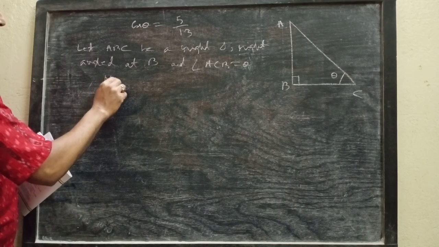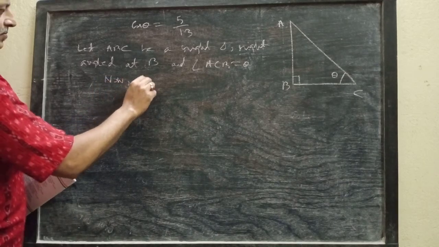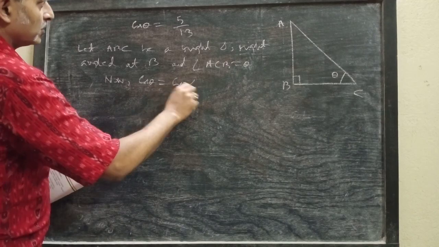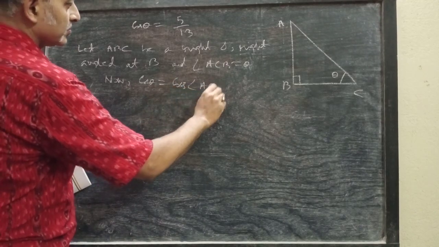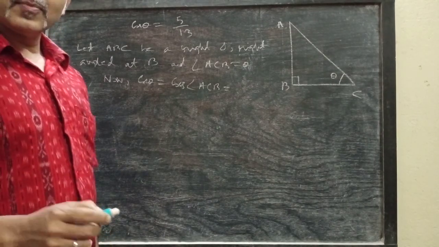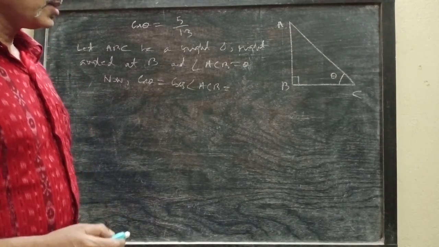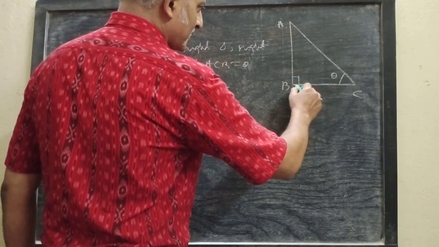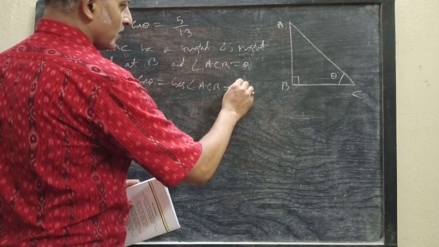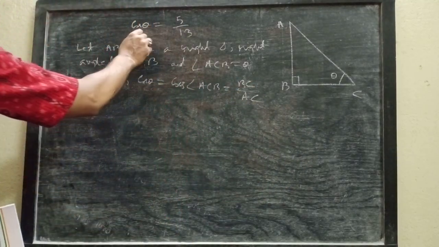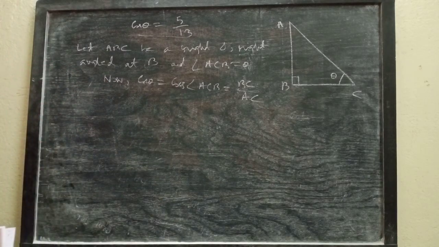Now cos theta, that is cos angle ACB. Remember the second line, base by hypotenuse. With respect to this angle, base is BC and hypotenuse is AC. So the ratio will be BC by AC. Now it is given that cos theta is 5/13.